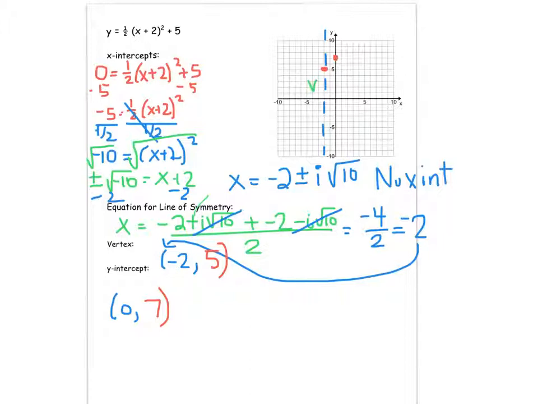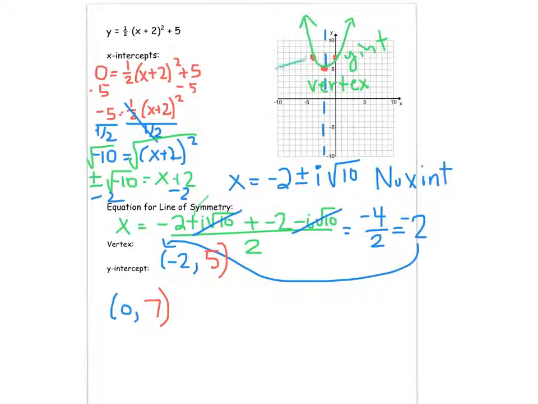So we had our vertex, and we had a y-intercept, which allows us to make the right side of our parabola. And same as in the previous example, in order to draw the left side, we need to use the reflection. We need to remember that the line of symmetry is in fact the middle, and so a point that appears on the right will have a mirror image on the left, and then we can connect it through.